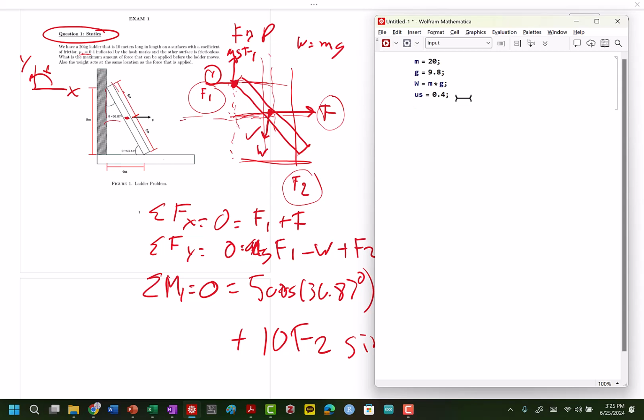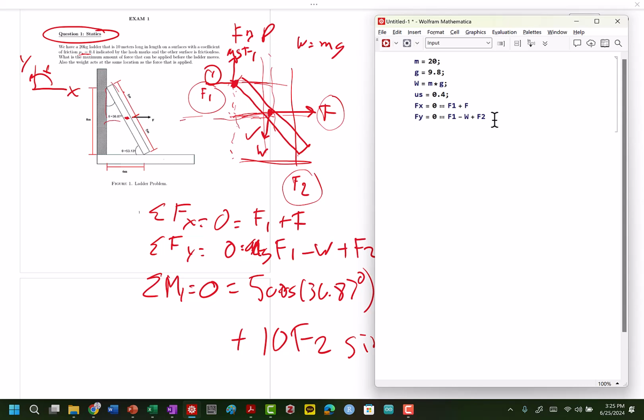Then fx equals 0, set equal to F1 plus F. Fy equals 0, set equal to F1 minus W plus F2.